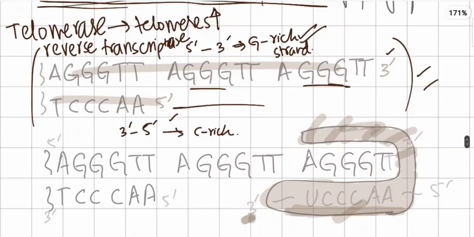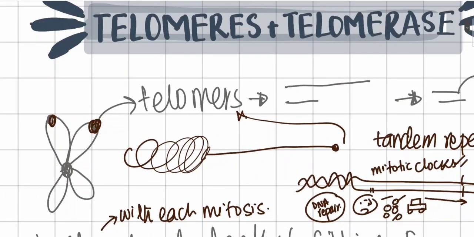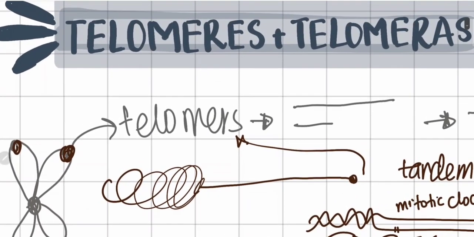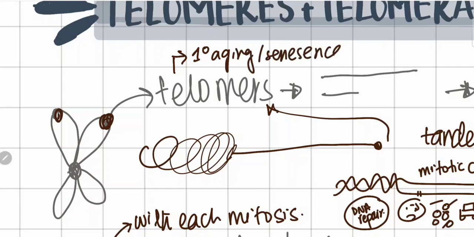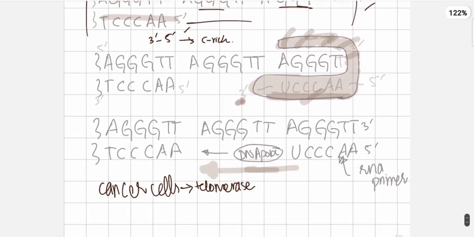With regards to aging, telomeres are the cause of primary aging or senescence. We can also use these to track certain diseases like progerias, etc. So that is it for telomeres and the telomerase enzyme. Thank you so much.